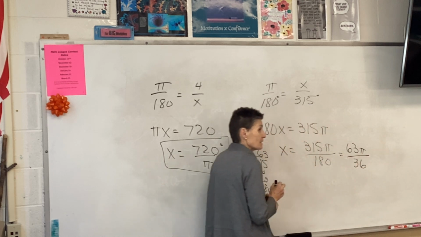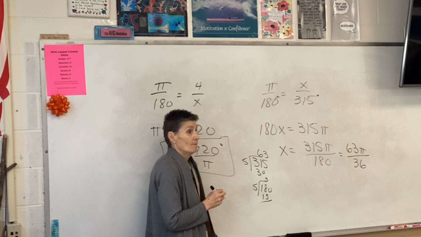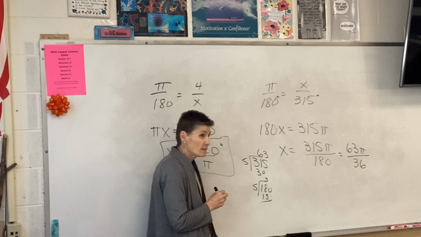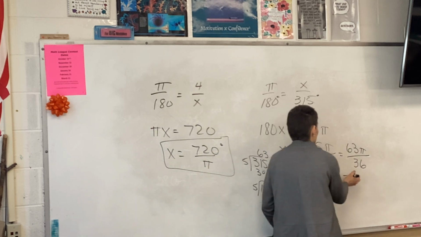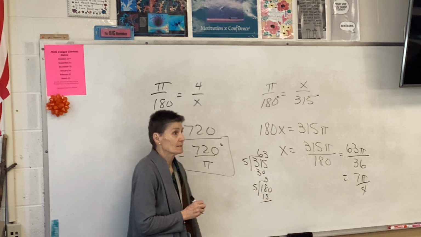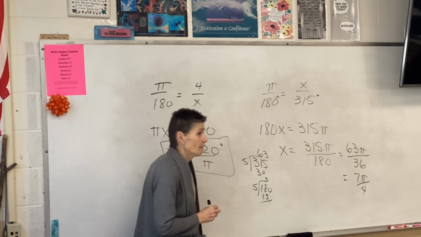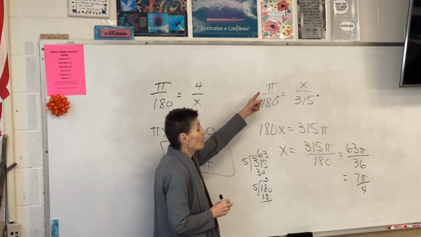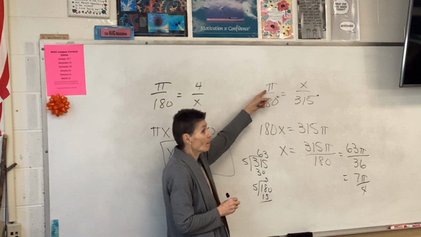Oh my, I think it goes down even more. Yeah. Both of those are divisible by 9. So 7 pi over 4 is ultimately your answer. Ronan, raise your hand up. So radians will always be in the numerator? If you set up pi over 180, yeah, because that's pi radians.